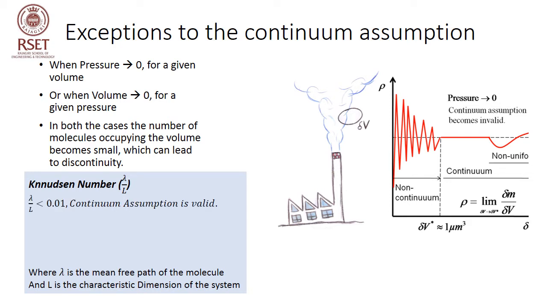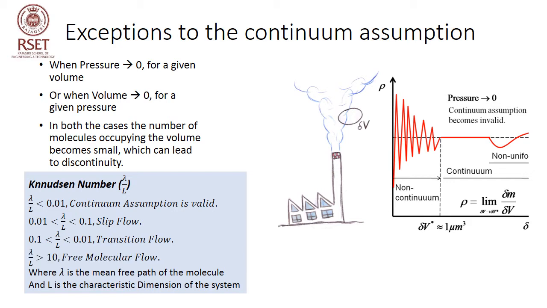So here, if lambda by L, that is, the Knudsen number, is less than 0.01, then we can take the continuum assumption. If the value is between 0.01 and 0.1, then we assume slip flow, and the next range is 0.1 to 10. If the Knudsen number is in that range, then we have to take transition flow, and if it is greater than 10, we have to take free molecular flow.